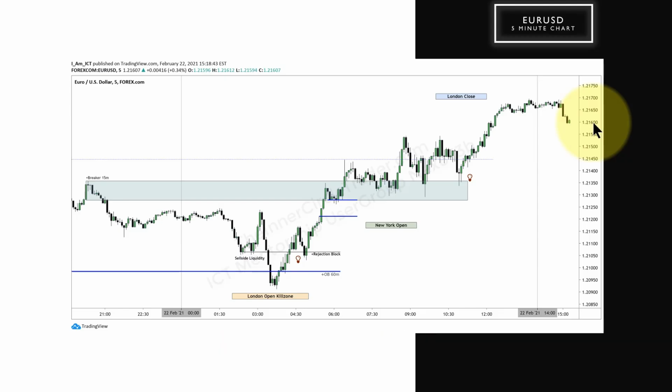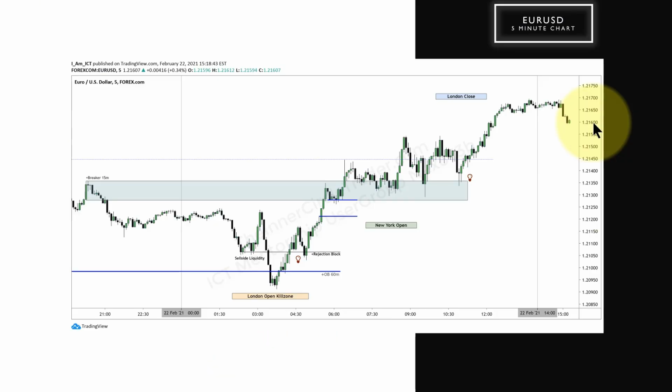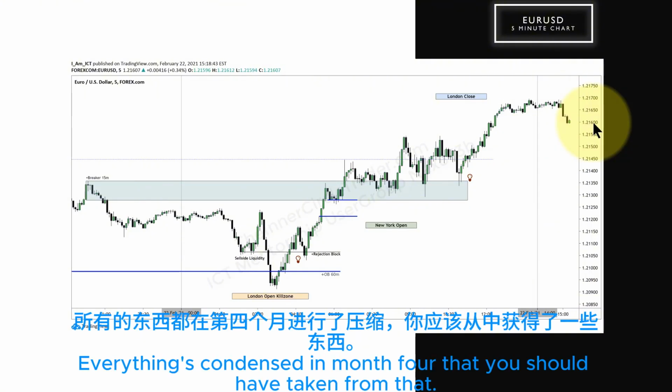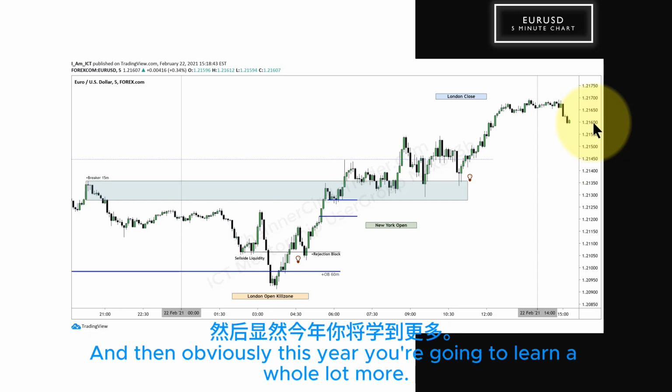So if you're looking for that, it's just been renamed. And the Sniper Field Guide, that series. Everything you should have taken from that is condensed in month 4, and everything else has been built on in the right way later on in the mentorship. And then obviously this year you're going to learn a whole lot more.